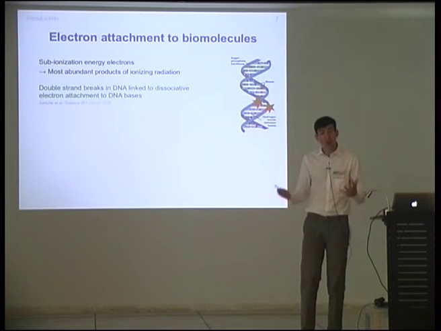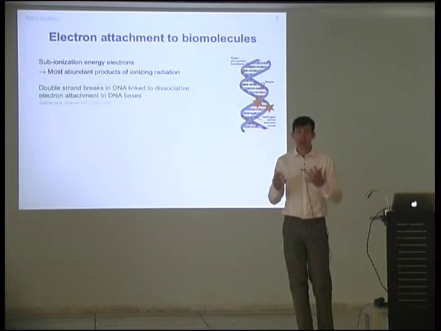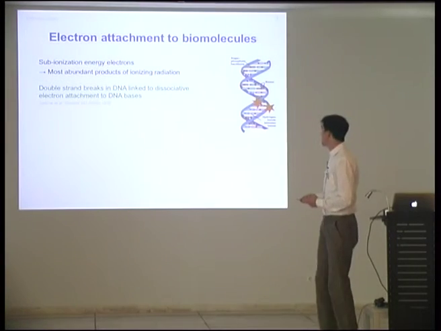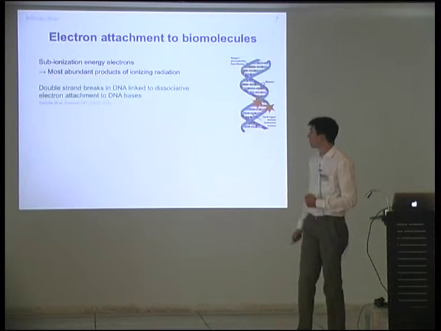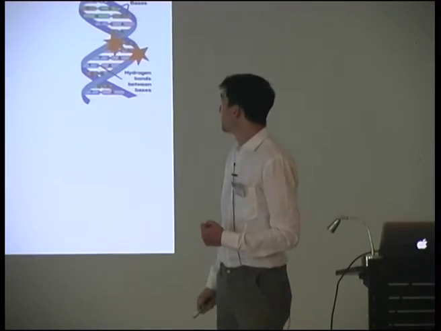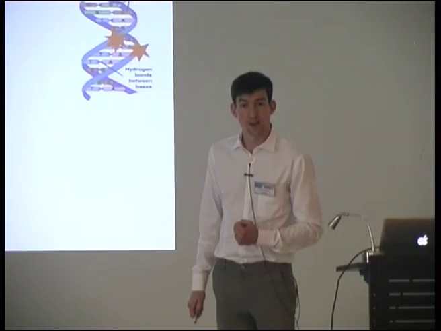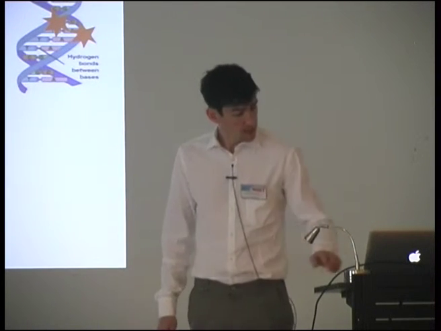Any effects they do have in biological material, because they're so abundant, can be very significant. And the fact that they've been shown to produce double strand breaks and single strand breaks in DNA very efficiently is a major motivator to study these low energy electron induced processes in detail.